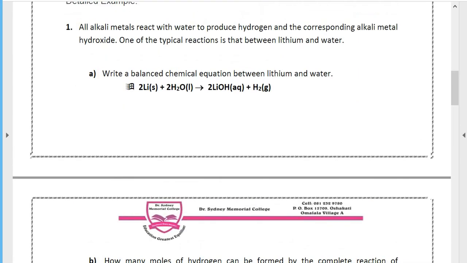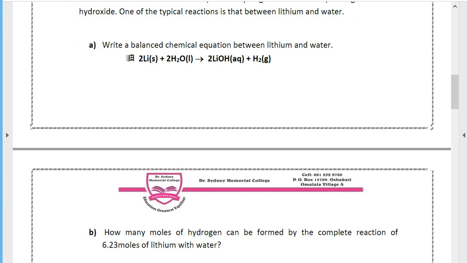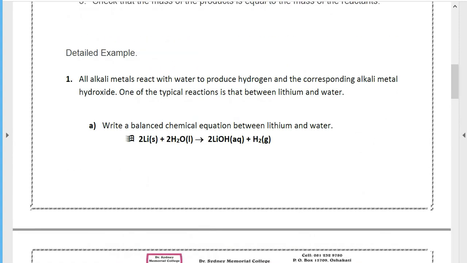Right, so let's observe that part A of this question asks us to write the chemical equation for the reaction between lithium and water. This is a generalized equation, a specific equation for the reaction with water.